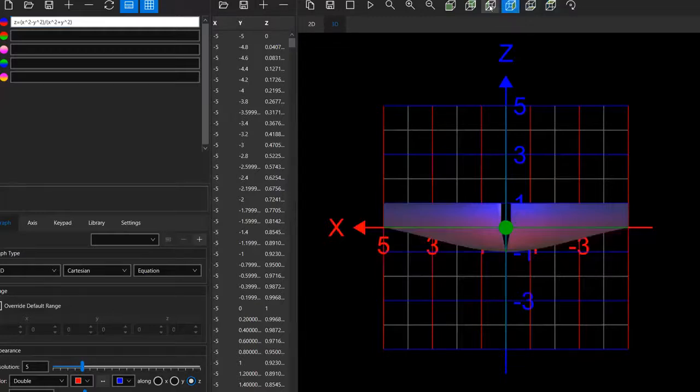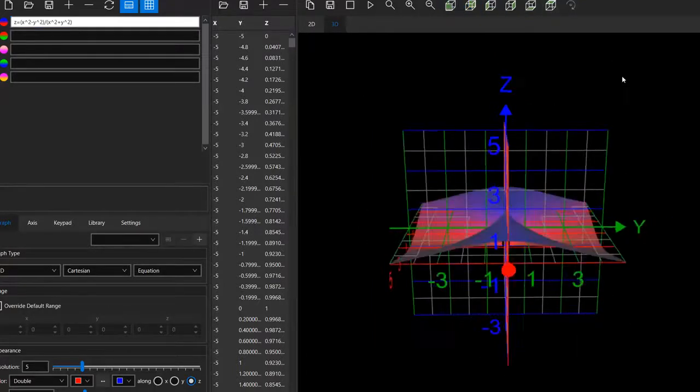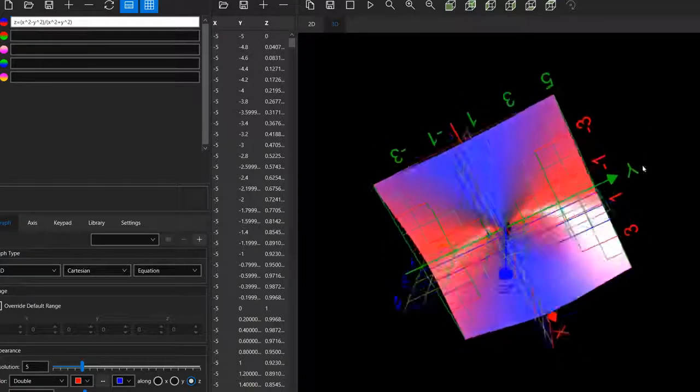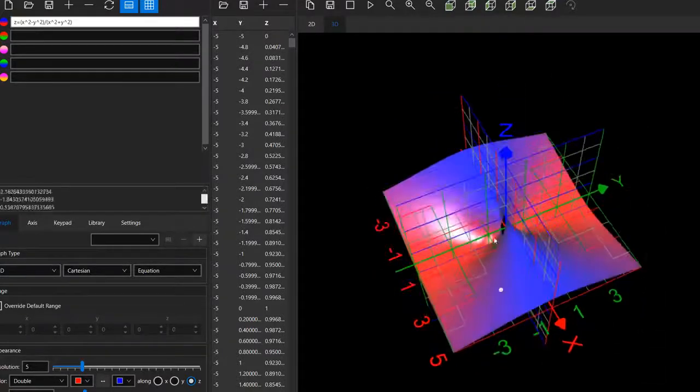Very well. Projection in xy plane, projection in xz plane, projection in yz plane. And if you just rotate this, you get your surface, which is here. As you can see, you don't have continuity at the origin.